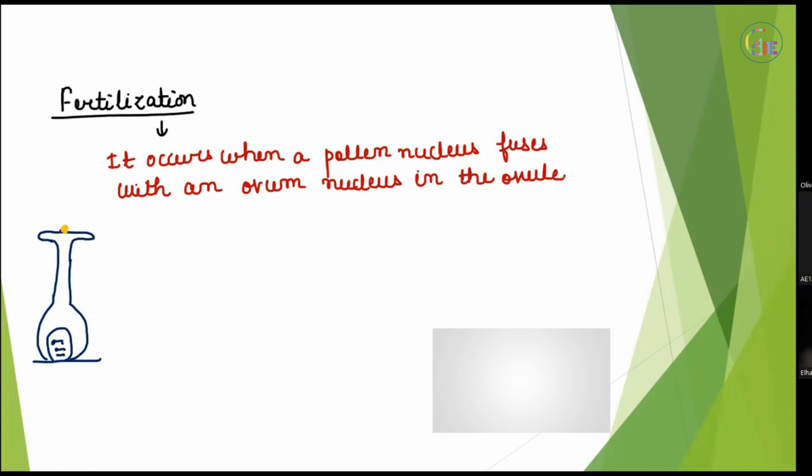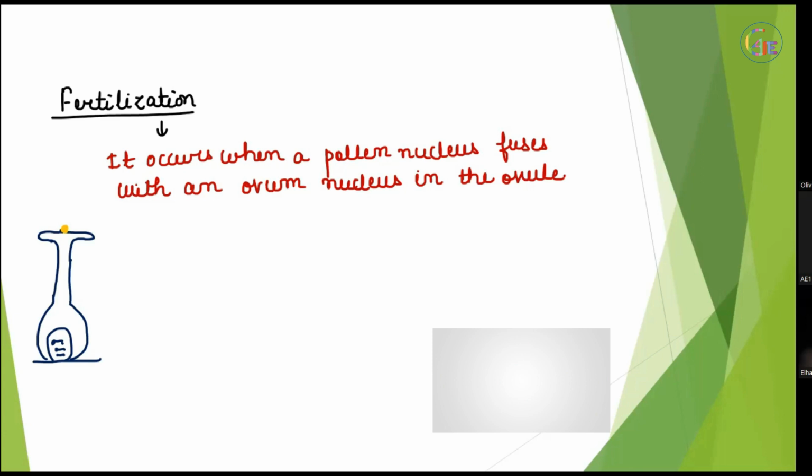Are you getting my point? I mean to say that the flower should be from the same species from where the pollen has come. Otherwise, no further process will take place.